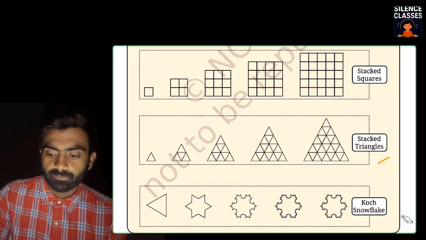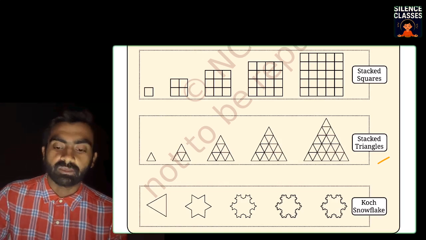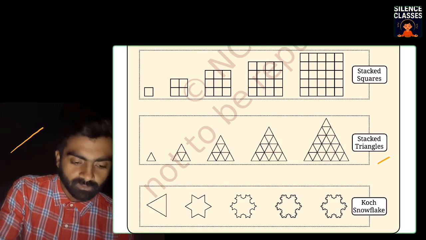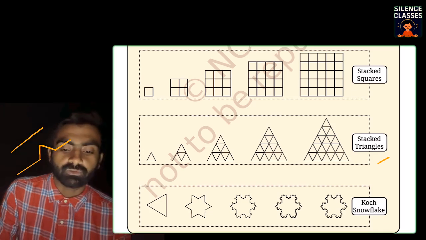Now let's talk about Koch snowflakes. A Koch snowflake is where we convert the lines, these lines, into bumps. Like this we will convert these lines.